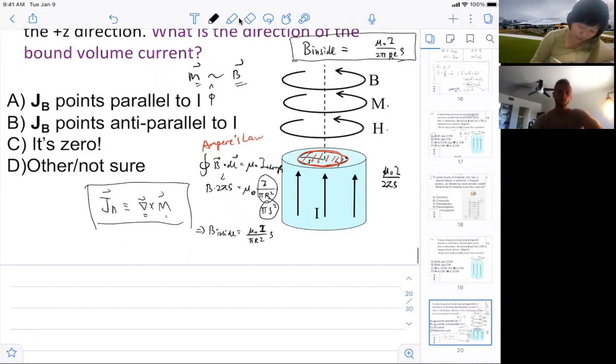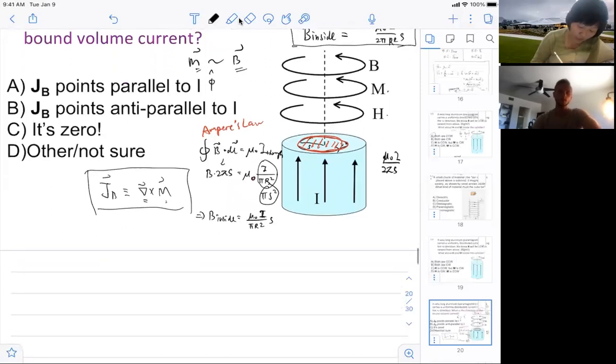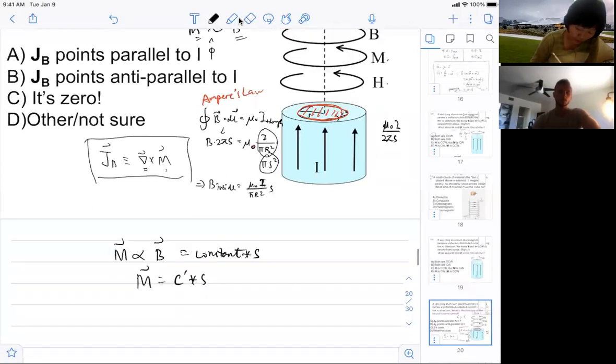But if you did follow the math, you can say, well, M is proportional to B, right? B is some constant times S. So I can write M as some constant times S, that is proportional, right? For the curl of M, I checked my book and realized it's 1 over S, d/dS of S times M phi hat, and M is in the phi hat direction. So I'm just going to plug in all of that. This curl component gives me a z hat direction.